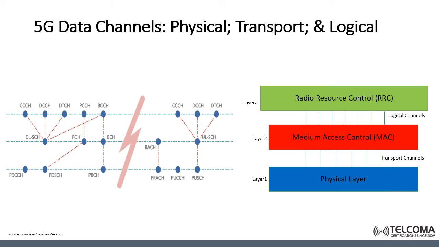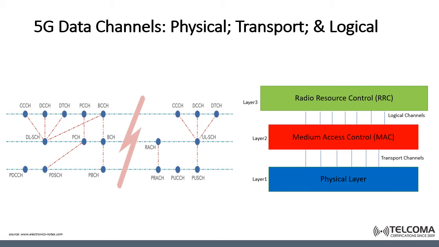It also provides multiplexing and demultiplexing of MAC SDUs belonging to one or different logical channels delivered from the physical layer on transport channels. The MAC layer also provides priority handling between user equipments by means of dynamic scheduling. And lastly, the MAC layer is providing priority handling between logical channels of one user equipment.